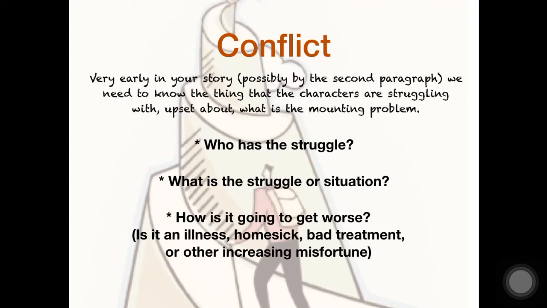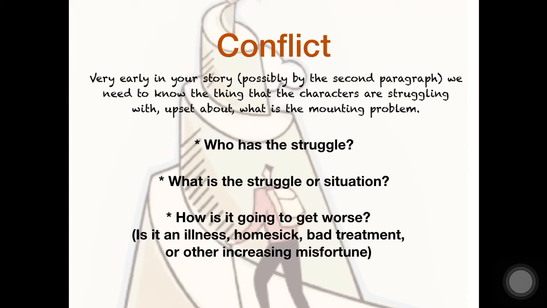And you need to think about, how is it going to get worse? In most stories, things get worse before they hit that climax, is what we call it. So you need to think about, how is it going to get worse? Is it an illness?